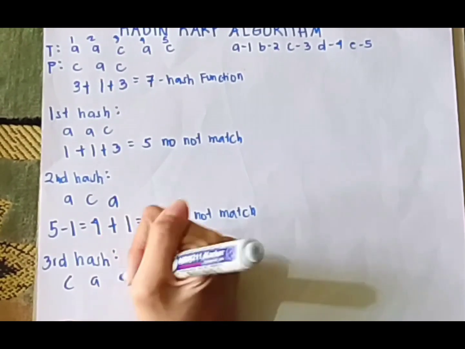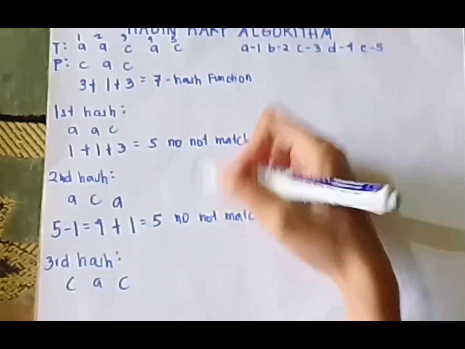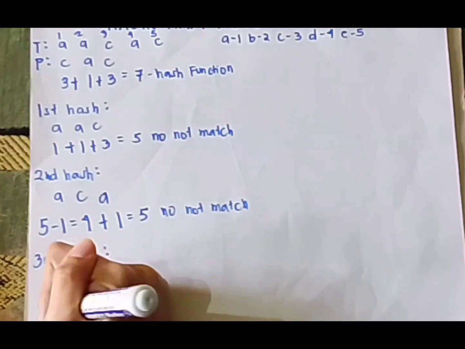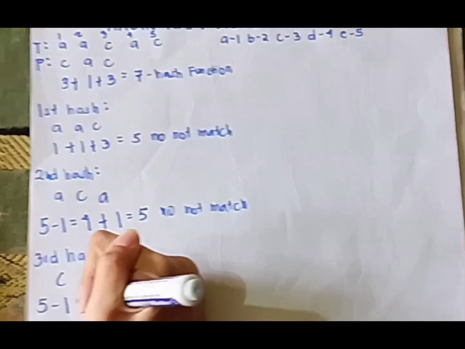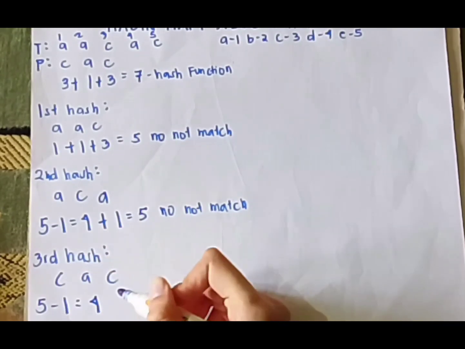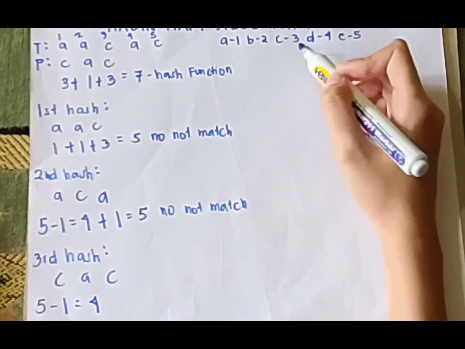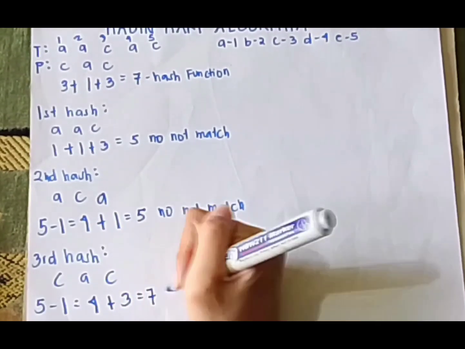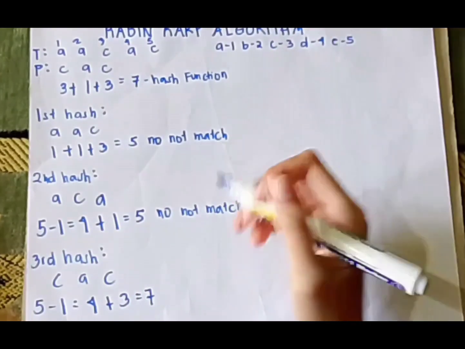So our third hash is A and C. Now let's use the simple method to calculate the result. So 5 minus 1 equals 4. The numeric value of C is 3, so plus 3. So the result is 7. So let's compare.